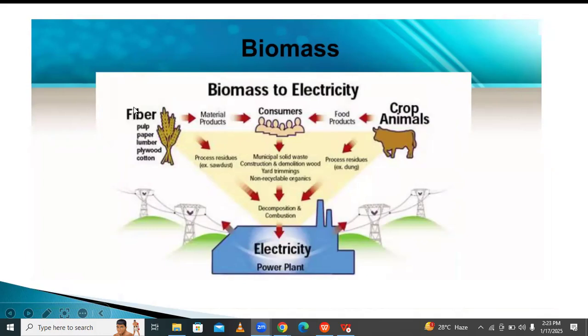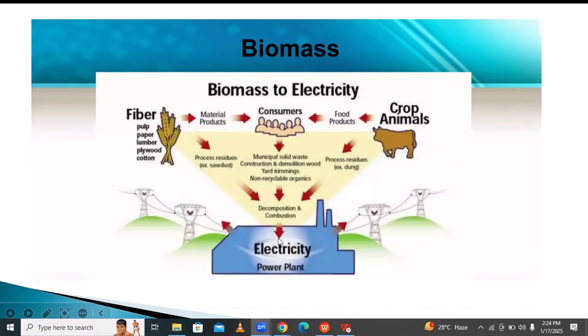Fiber, that is pulp, paper, rubber, plywood, can be converted into material products and utilized by consumers, and after use it becomes municipal solid waste. From this we can generate electricity by decomposition and combustion.